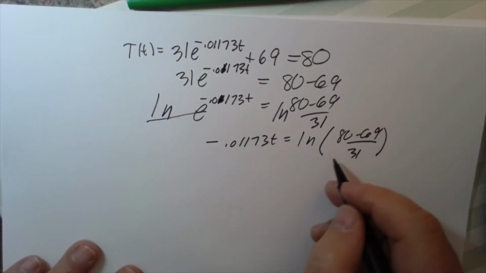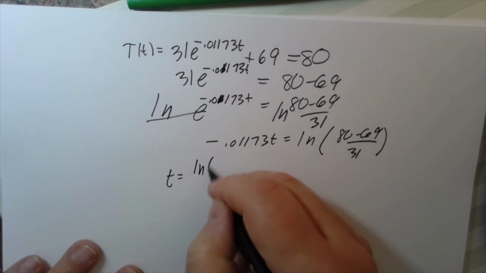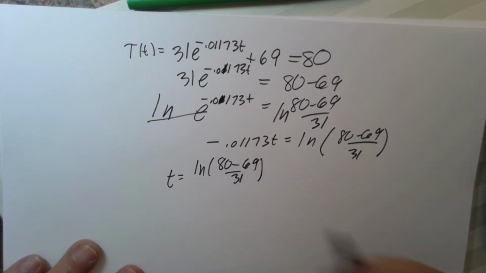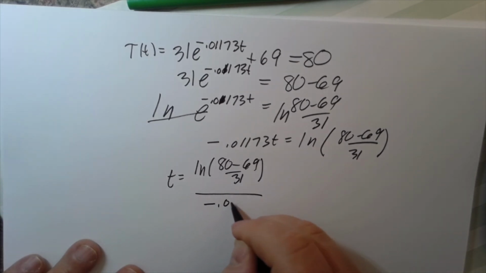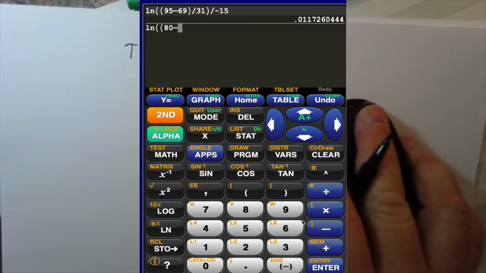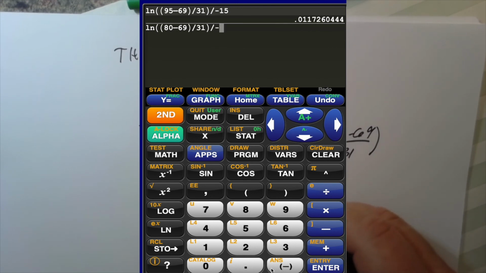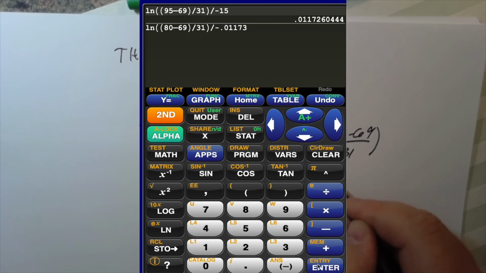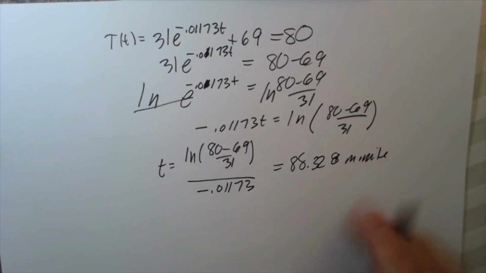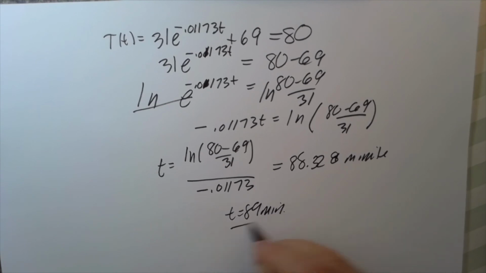Then I divide this over, so I get t is equal to ln of 80 minus 69 over 31, divided by minus 0.01173. Now I plug that in my calculator, and I get 88.328 minutes. So we'd probably just say 89 minutes to make sure that it's actually the temperature that we want.